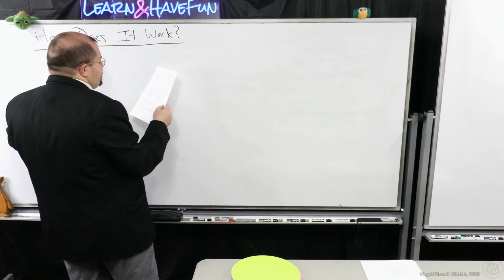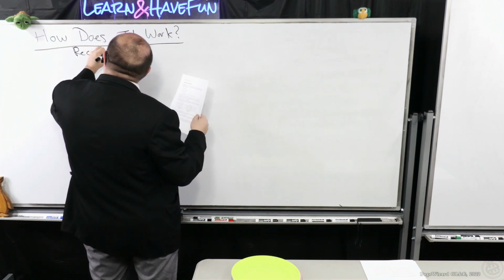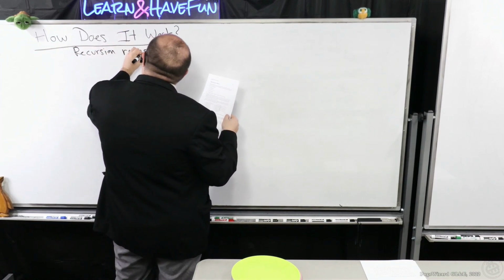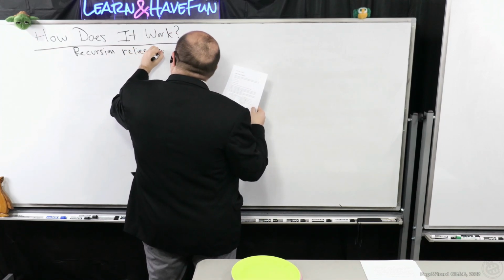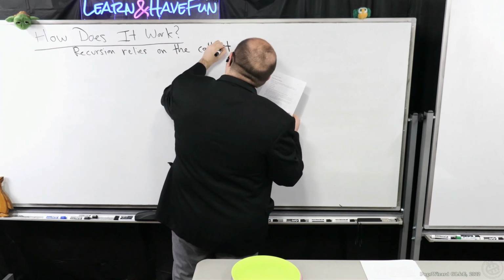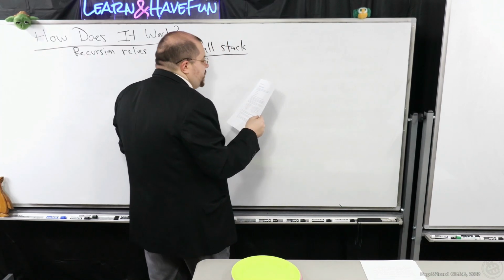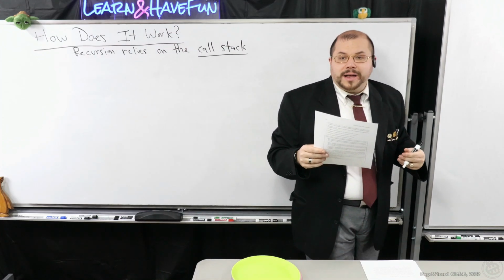How does it work? So recursion relies on the call stack. If you've never heard of this idea of a call stack, we're going to see an example of what I'm talking about in a moment.